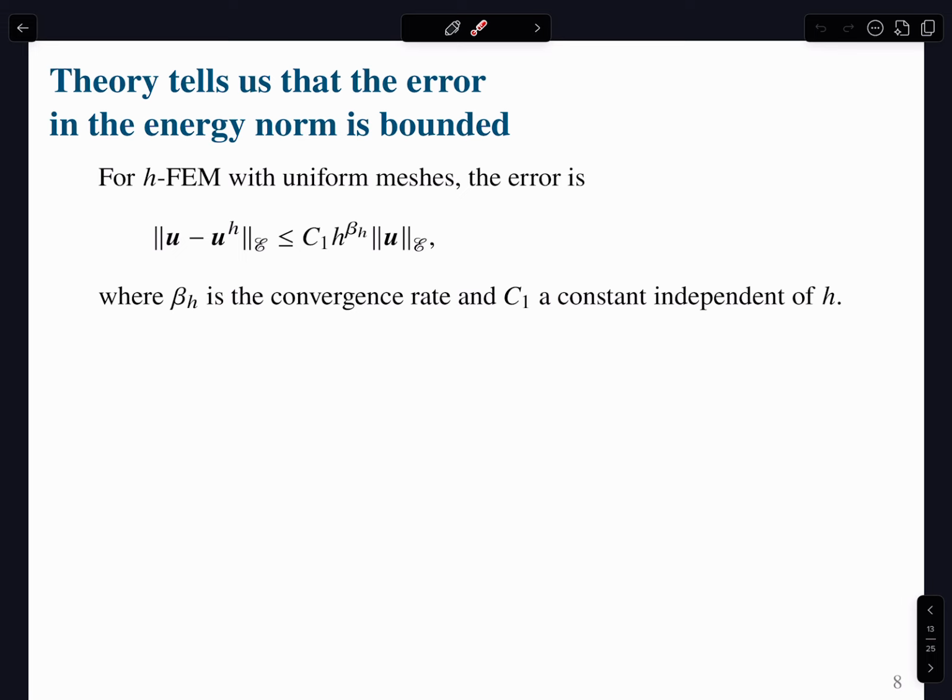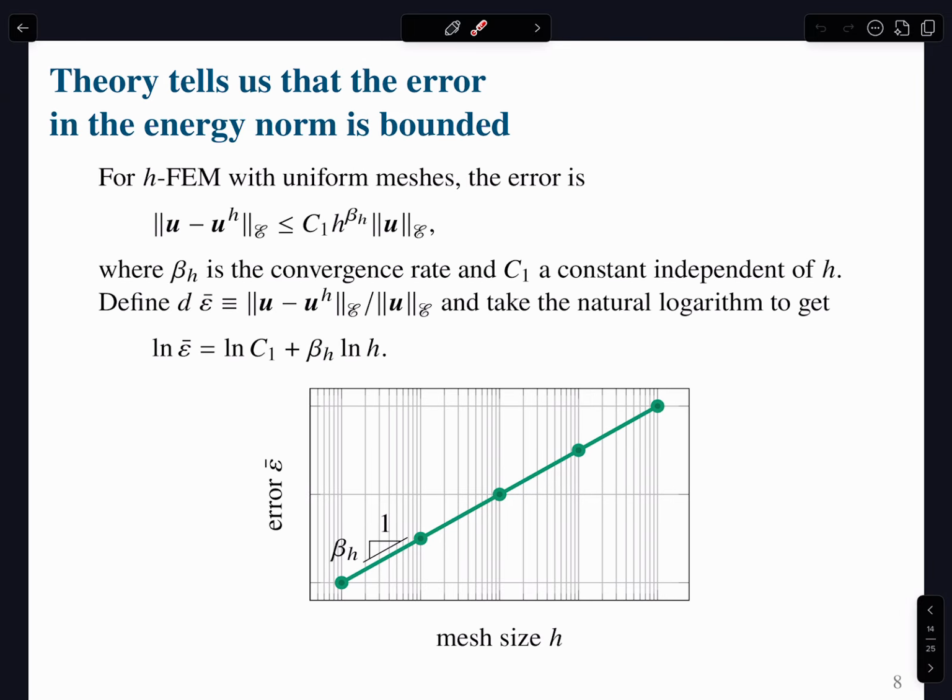And so what this is saying here is that in h-FEM, the error is going to be bounded. So this is an upper bound, of course, right? By C1, which is a constant independent of the mesh size, multiplied by h to the power of beta h. So h, as we all know, is the mesh size, right? And beta h is going to be our convergence rate. This is what theory tells us.